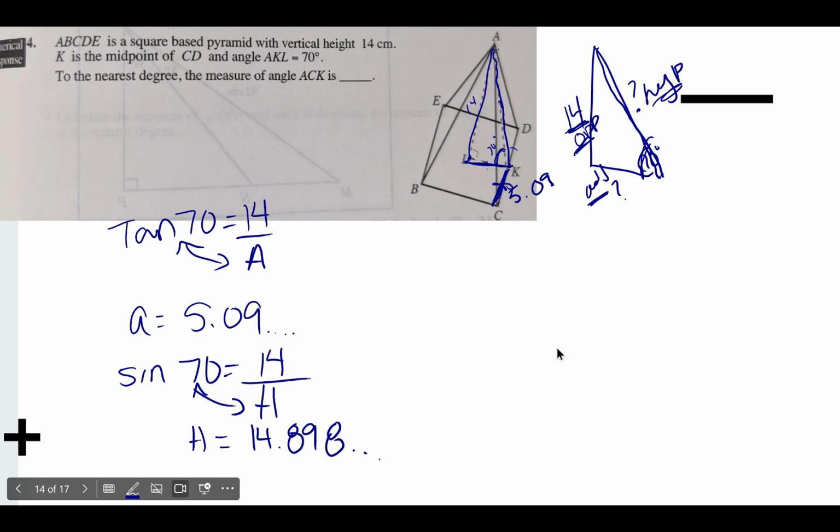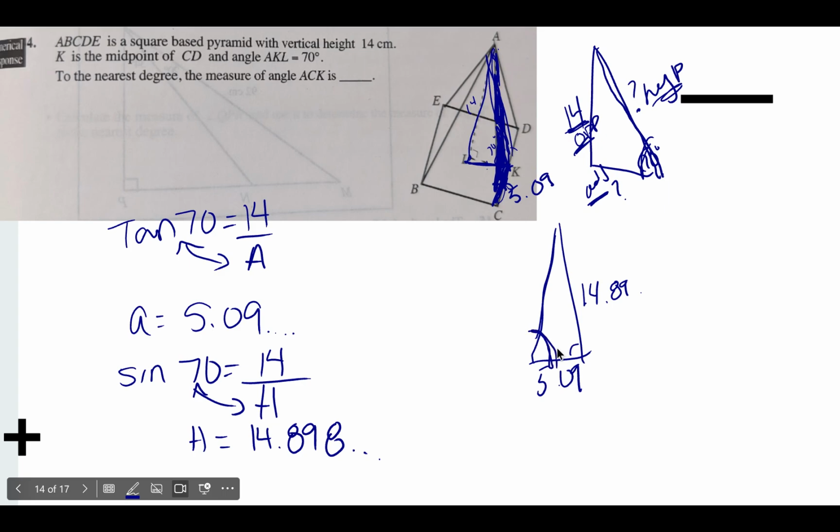Now looking at the triangle it's asking you about, which is this triangle in here, let's redraw that. It looks a little bit skinnier. This distance is the same as this one, which is that 5.09. This length, the hypotenuse, would be this length over here, from the right angle, and that's going to be 14.89.